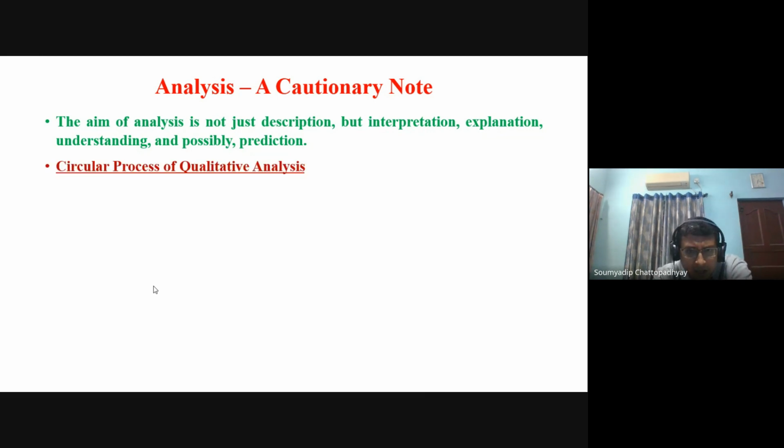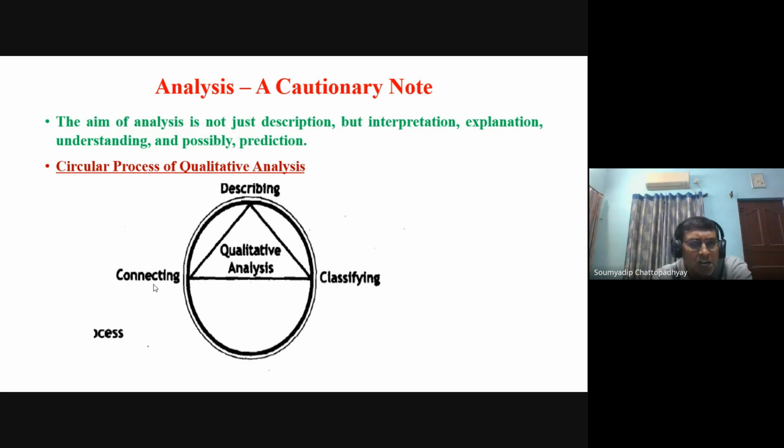Okay, that is why the graph which I am going to show is very important for qualitative analysis, and this is known as the circular process of qualitative analysis. In qualitative analysis, you need to describe the data, you need to classify the data, you need to connect the data.